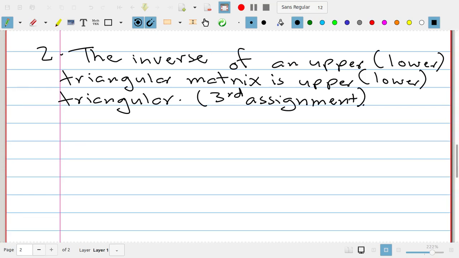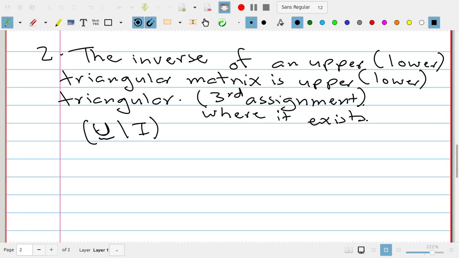One way to try to prove this is by trying to invert the matrix using the augmented matrix. Of course, this applies where the inverse exists. If the inverse of the upper triangular matrix exists, then it's upper triangular. If the inverse of the lower triangular matrix exists, then it's lower triangular.